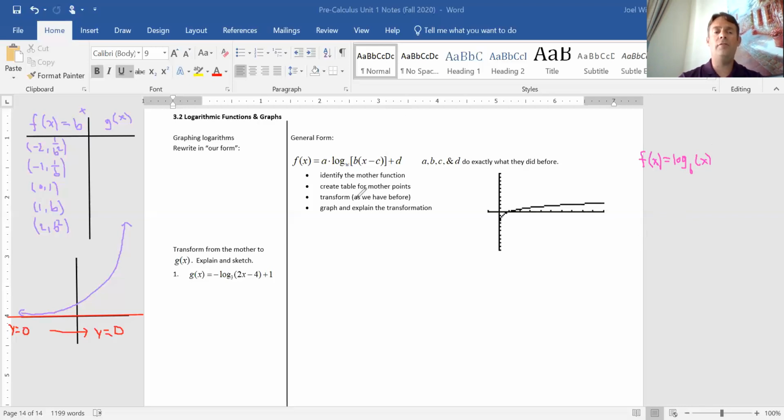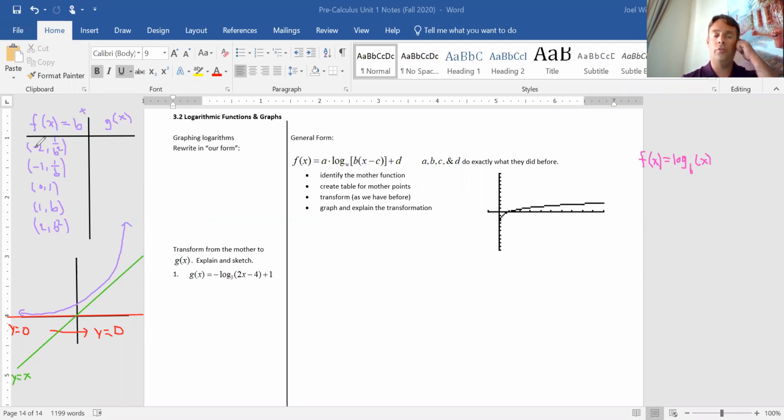So if they're inverses of each other, they're reflected over the line y equals x. So let me see if I can draw a line y equals x here. And if they're reflected over the line y equals x, that means when we find the inverse equation, we took all the x's and y's and we flipped them. Well, we can do the same thing here with these points.